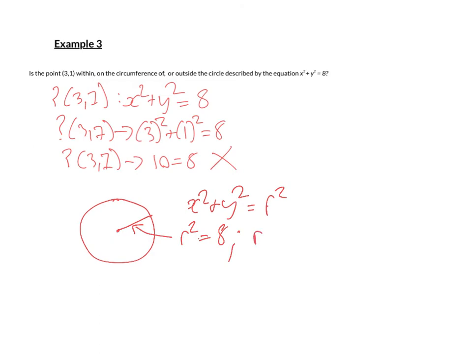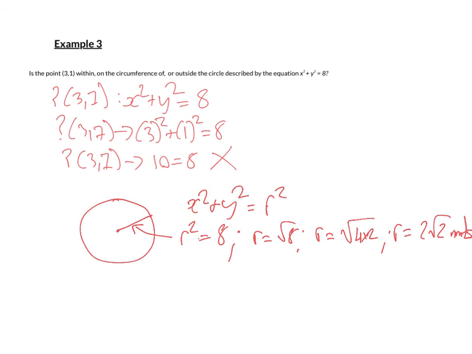So therefore, r is root 8. If we simplify that, that's root 4 times 2, so r equals 2 root 2 units. So that's the radius of this circle. So we need to find out how we can use that to answer our question.